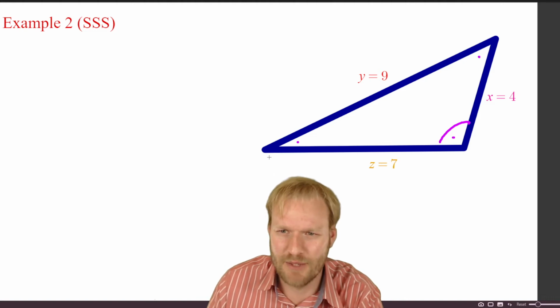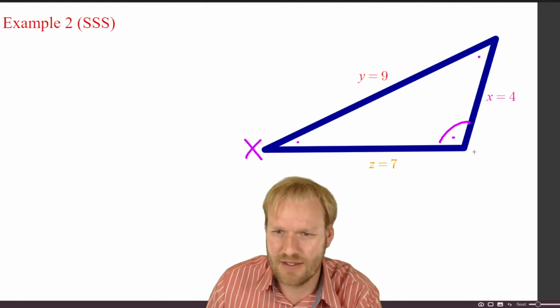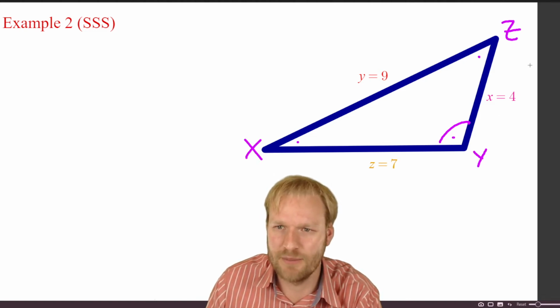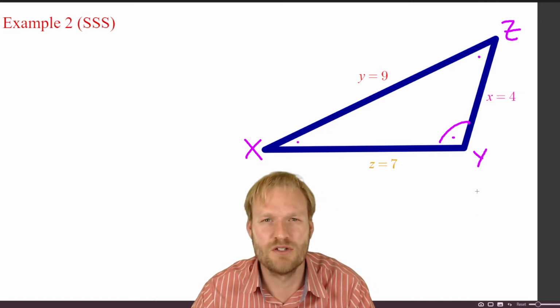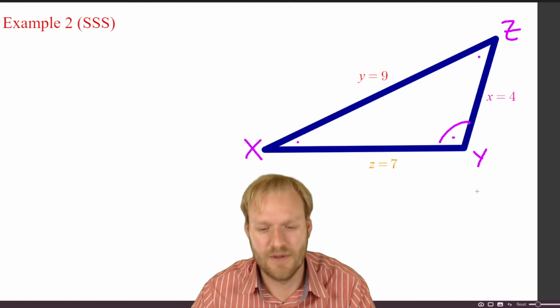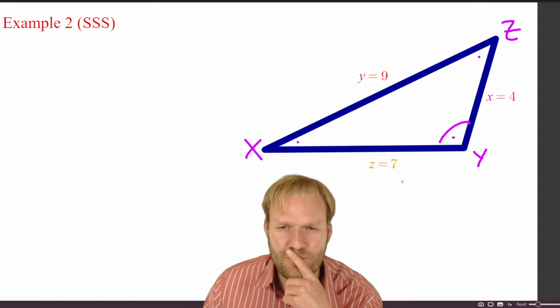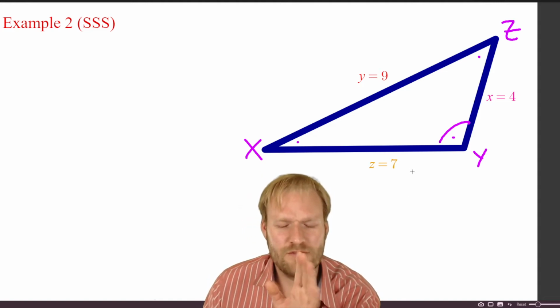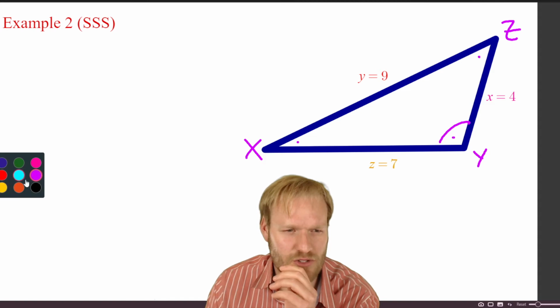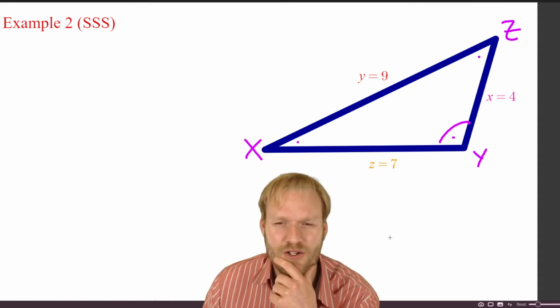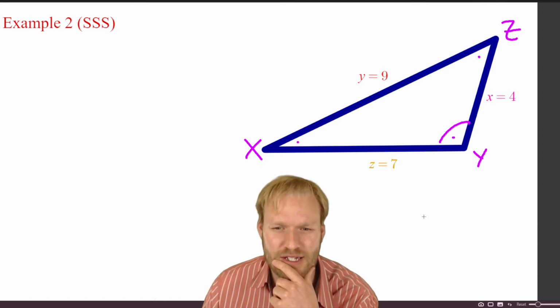So let's maybe label these things. That's X, that's Y, and that's capital Z. Which angle do you want to try and find first, and why? The thing we have to worry about is whether there's going to be an ambiguous case where we're trying to find an obtuse angle and things end up wonky.